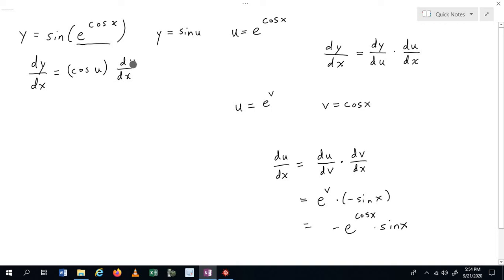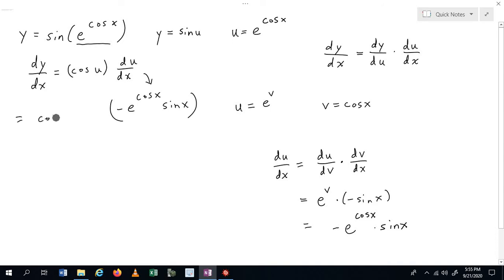But remember, du dx is just this part from the first time we used the chain rule, right? The du dx here is the inner derivative from the first time we used the chain rule. So let's go back up here and plug in for du dx this. And then that gets multiplied by the cosine of u, which was the outer derivative the first time we used the chain rule. Let's go ahead and replace the u. Remember, u is equal to e raised to the cosine of x.